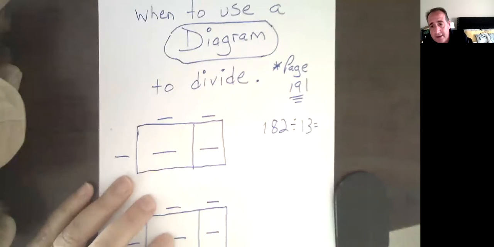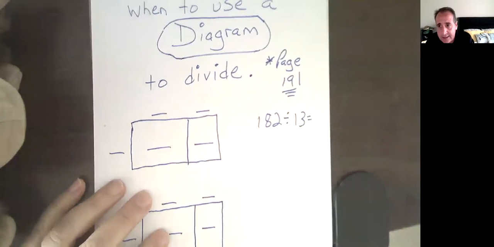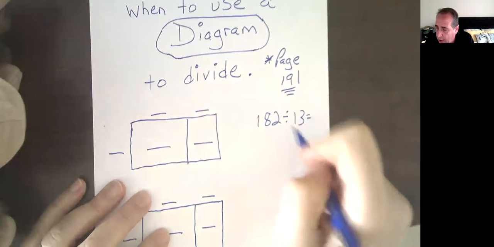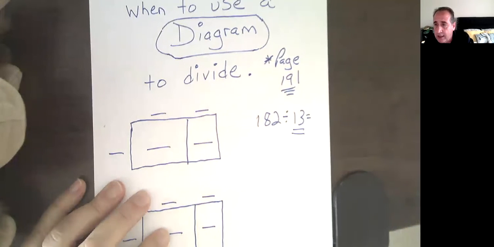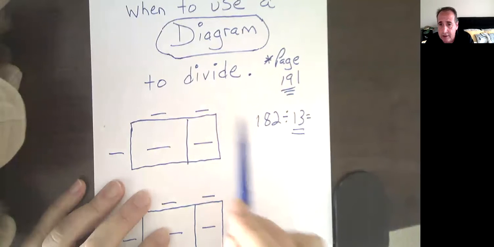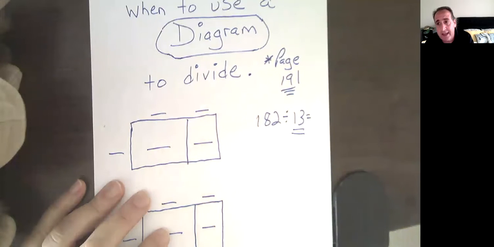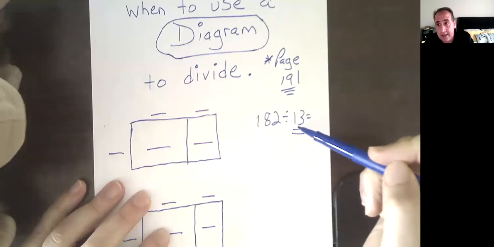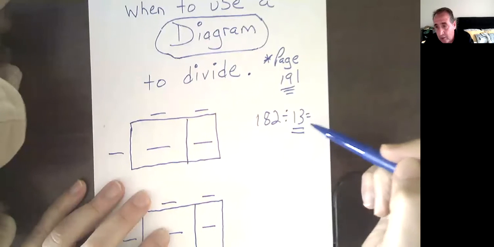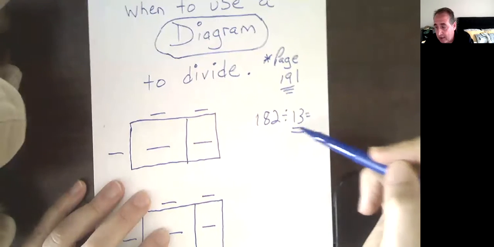Now, what we're doing is working off the 13. We're figuring out how many 13s equal 182. What I think of right away is 100. I take 13 and put a 0 on it because I want to see how close I am.